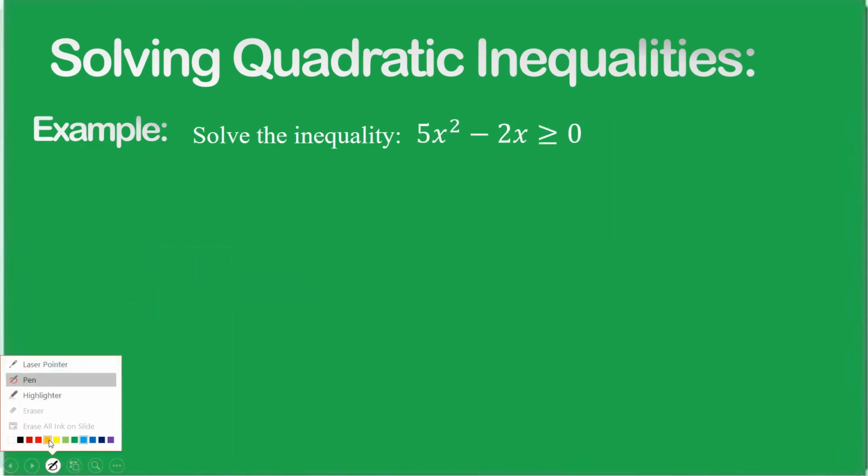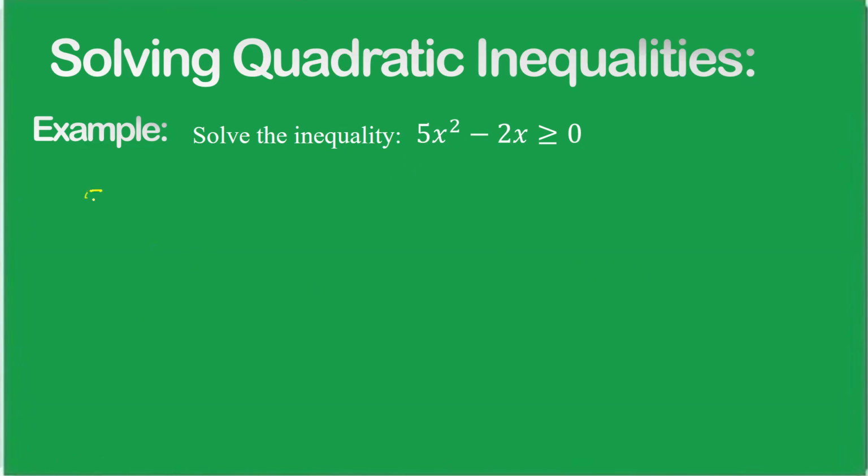Easy question. We can factorize it. 5x squared minus 2x greater than or equal to 0. For this question and for the next question, I'm going to use only a sign chart. I will not use the number line. Now let's factorize this one. The first step is writing the equation. 5x squared minus 2x equals 0.